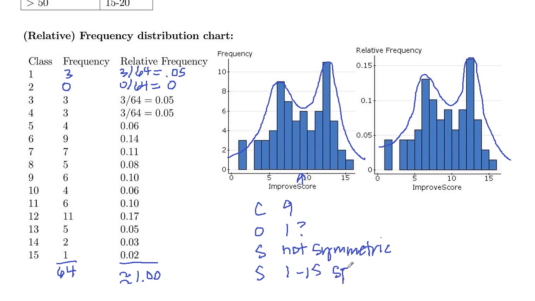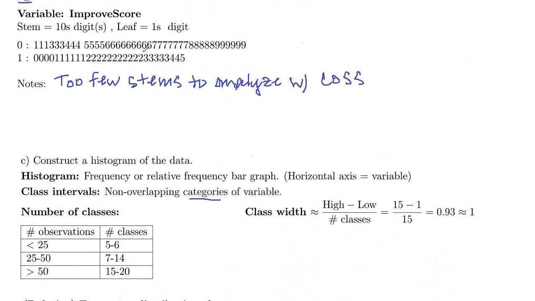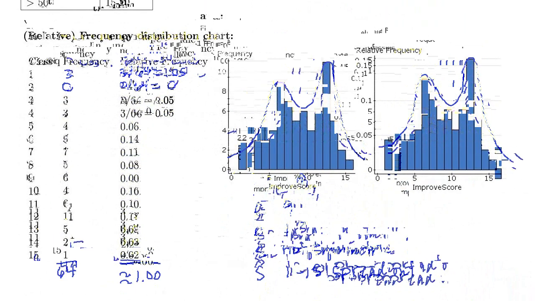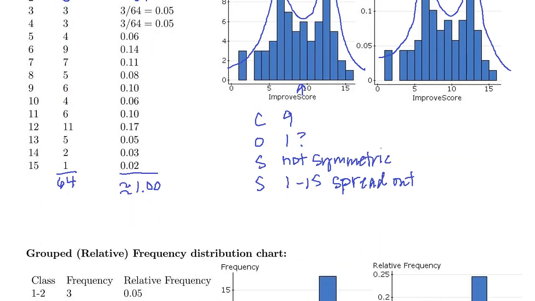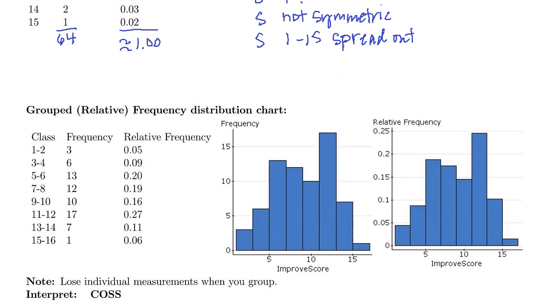So it's not all concentrated in just 2 numbers. Like when we did the stem and leaf here, all concentrated in the 0s and the 10s. So that's much more concentrated area in that display. So that's frequency histogram and relative frequency histogram.